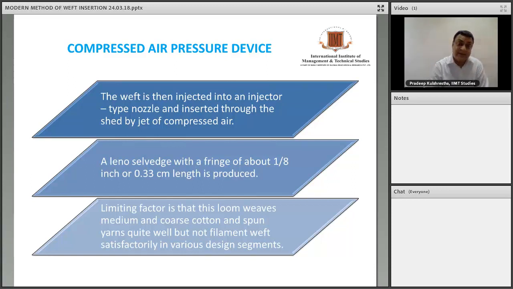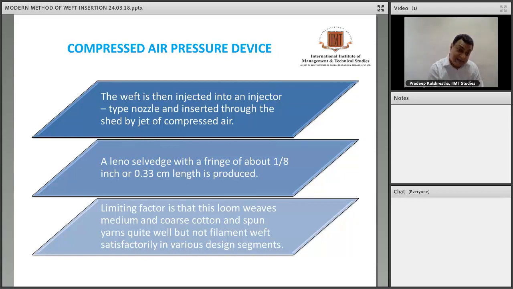Now here, air needs treatment. The compressed air is precious air, costly air, so moisture should not be there actually. The weft yarn is inserted by the air jet, as I told you. And here leno selvages are made of 1.8 inches or 0.3 centimeter in length.